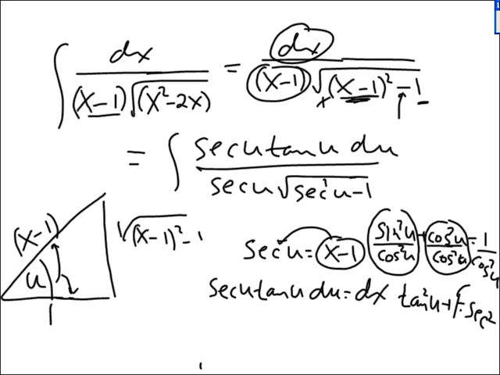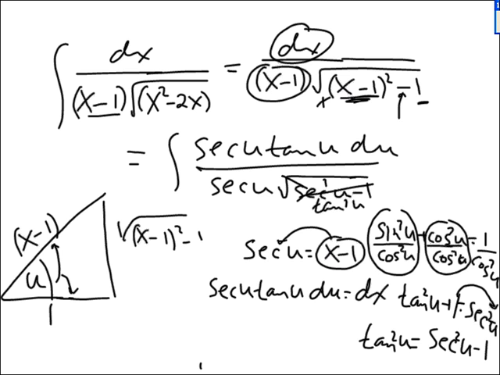If I bring the 1 to the other side, we have secant squared u, take away 1, is tangent squared u. That is, this here is tangent squared of u.